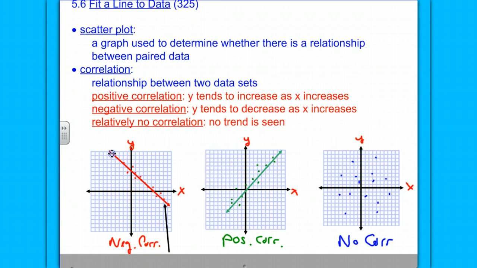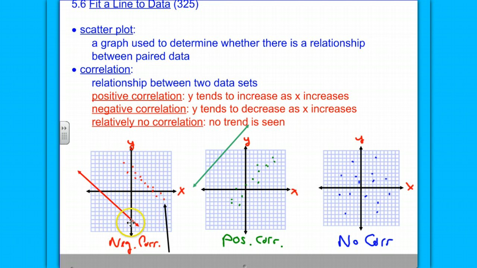So here's the data right here. I'm moving the lines out for a second. Okay. Here's the data. It's just little points that have been discovered and then plotted, right? And notice that they're not a perfect line, but these points in this graph tend to go down as x increases, right?